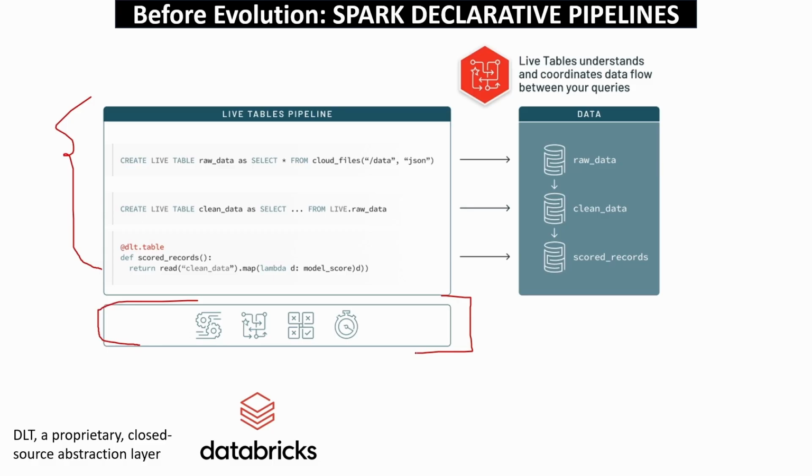The third major problem was the data quality rules. DLT allowed developers to easily declare data quality checks using simple configurations. There we had a configuration called expectations. Don't worry, we will cover that.